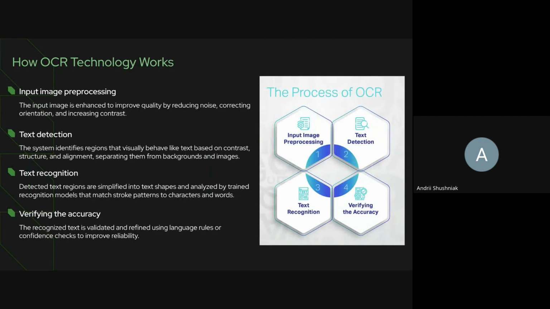So the four main steps of OCR, or the process of it, and the first one is always image pre-processing. At this point, the system didn't yet receive the image.